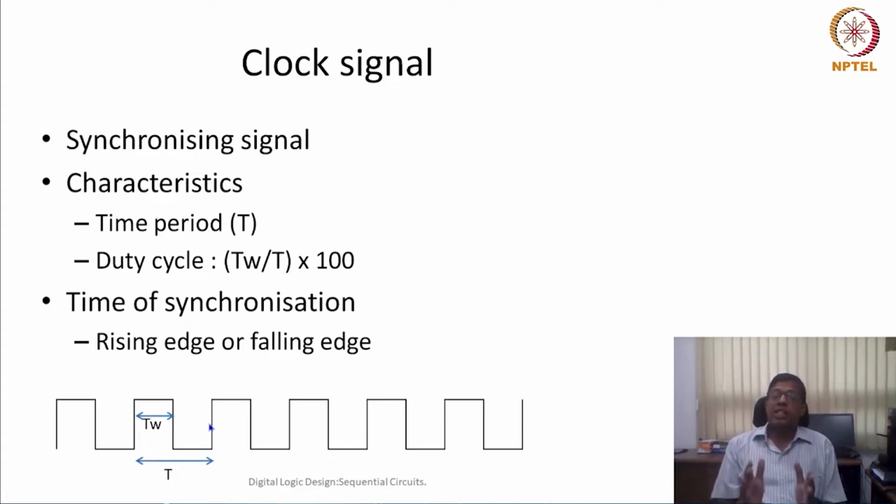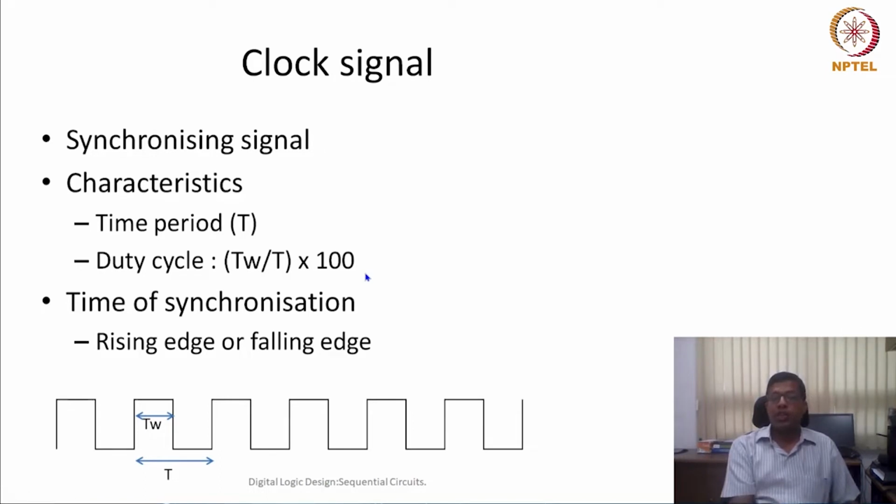Because it is high for the same amount of time, we can have another signifying characteristic of a clock signal, that's called duty cycle. We can call it a pulse. The amount of time the pulse, or the clock signal, is high, divided by the total time period, is the duty cycle.